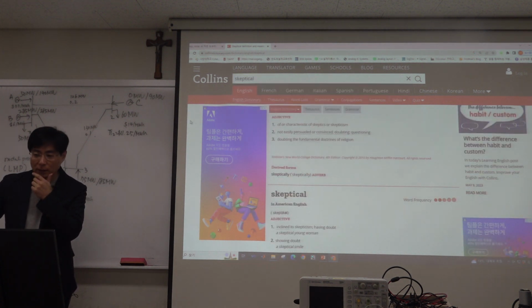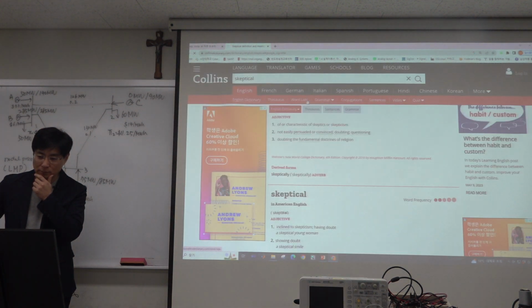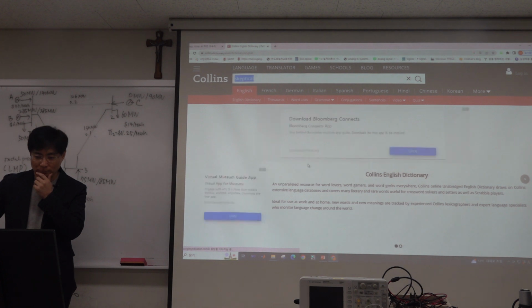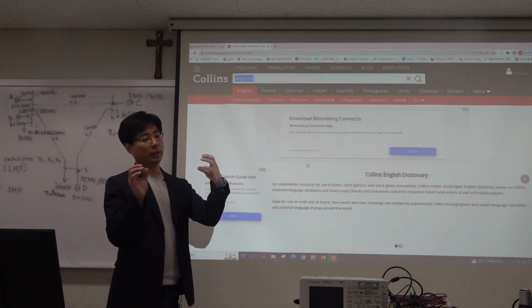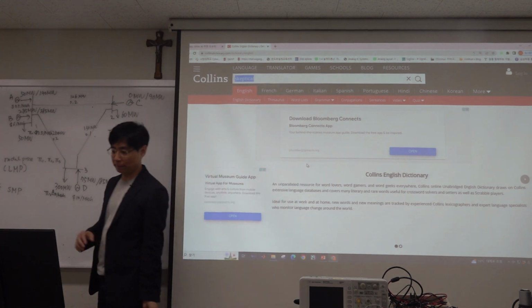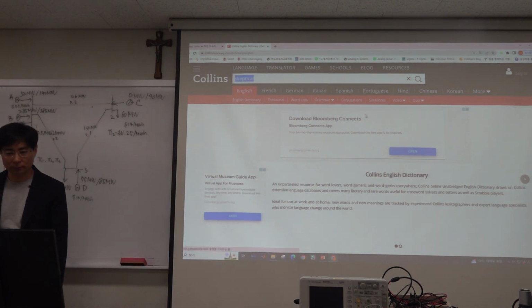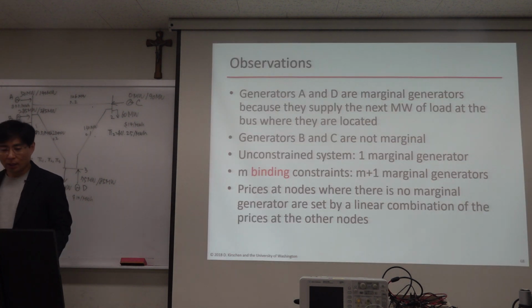Actually, why is it like this? Something has changed, but check it later. So typically, Collins COBUILD Dictionary explains the word by using it in a sentence. Okay. Anyway.